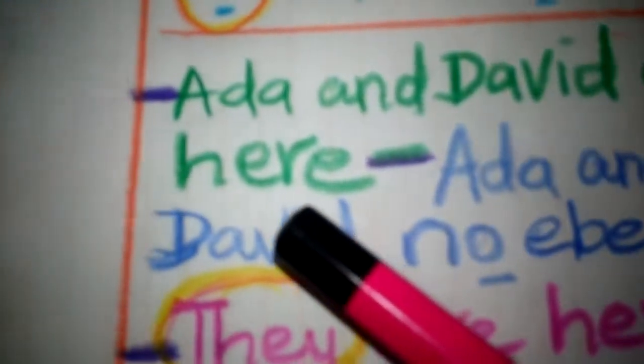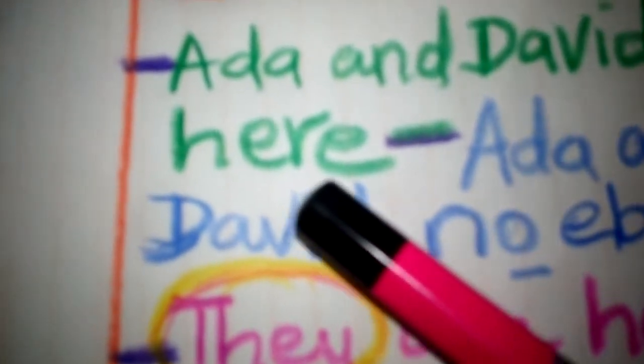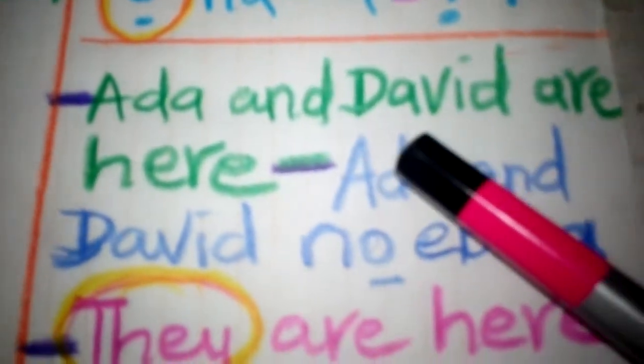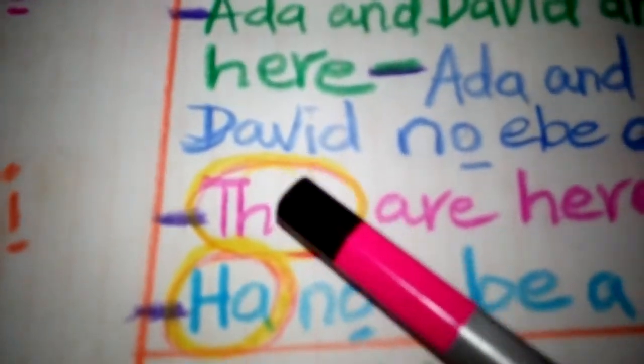Okay, so Ada and David are here. Ada and David nọ ebe a. Now we want to replace this Ada and David with a pronoun. So they are here.